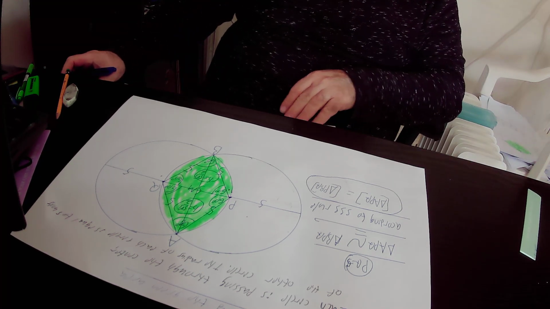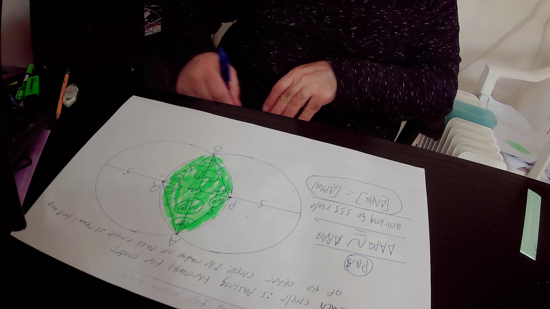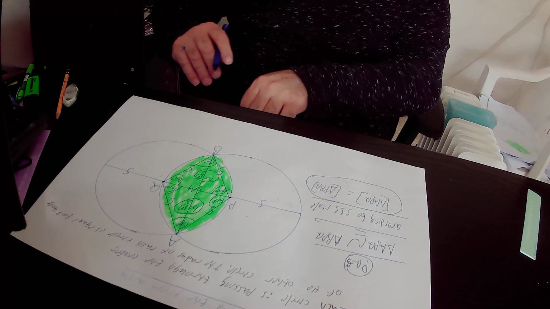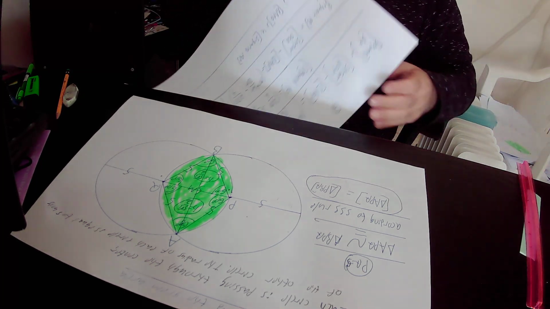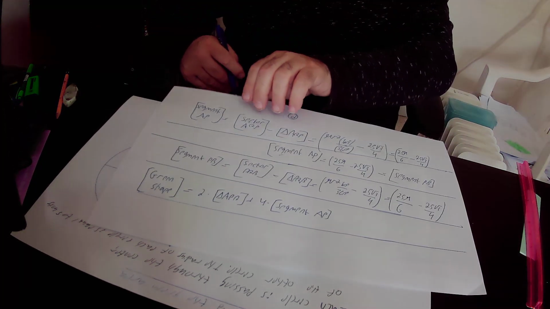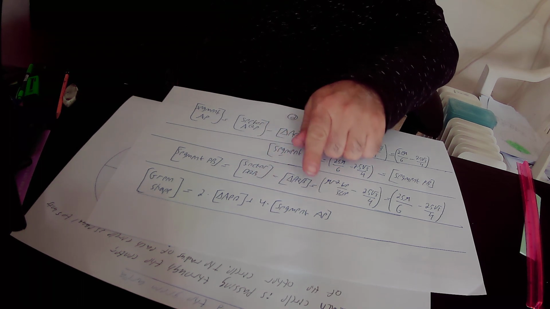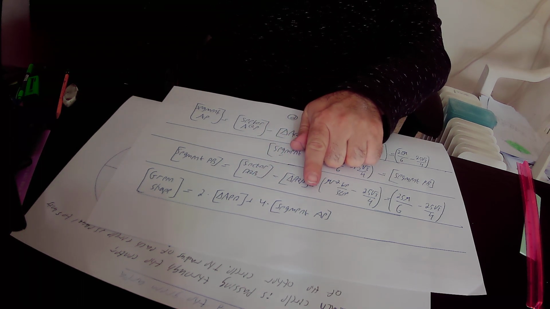So I will repeat again. The area of the green shape will be equal to 2 times the area of triangle APQ plus 4 times the area of segment AP.